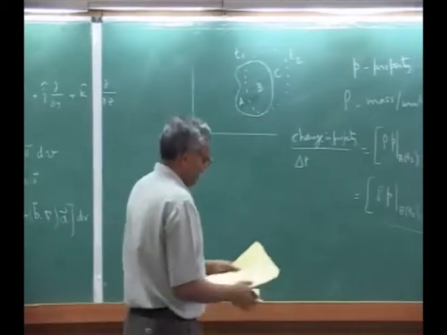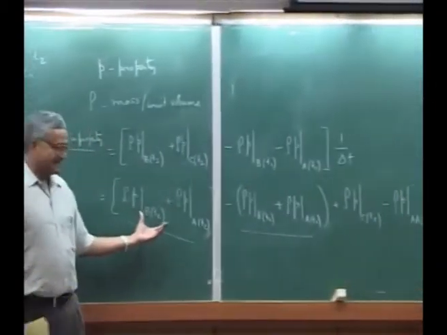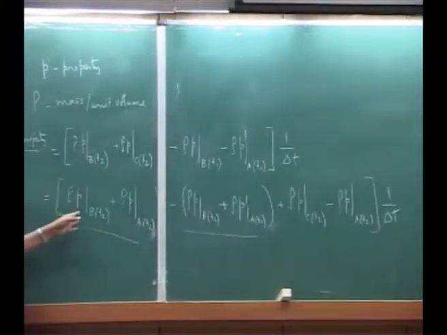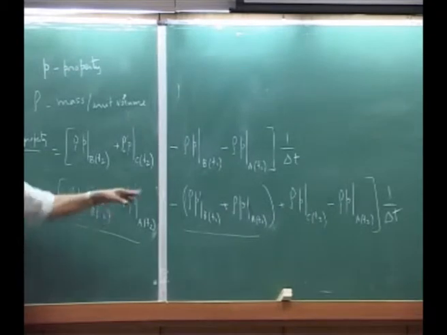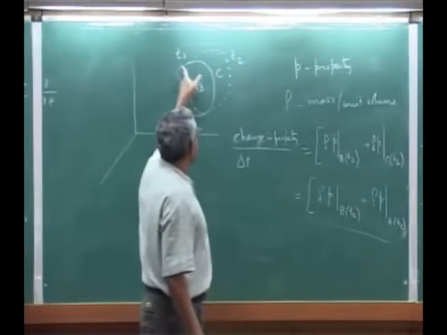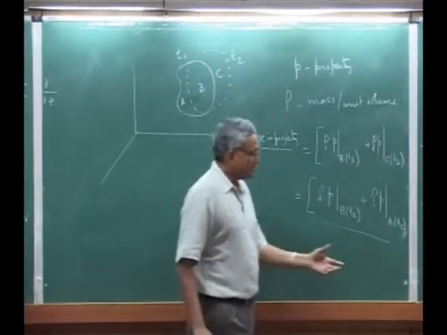That's all. That means this is the time variation of the property rho P in the limit delta T tends to 0 over this control volume. Now what is this quantity?